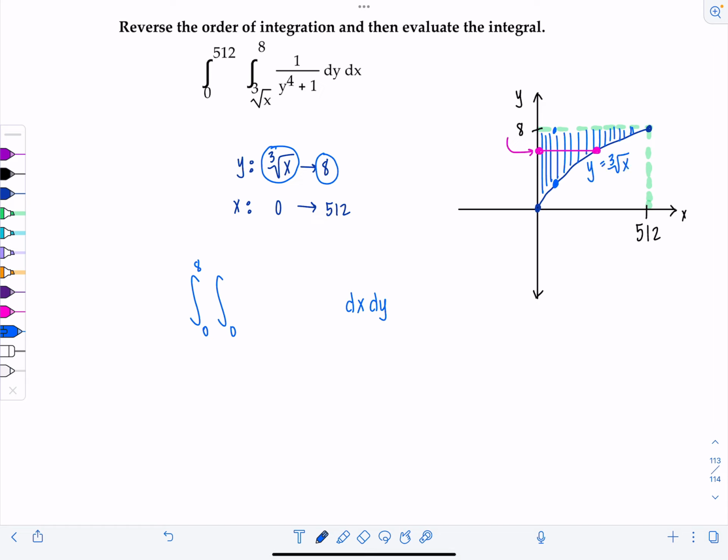Yeah? But I can't put cube root of x right here because that means after integrating, I'd be left with x's, and I have to integrate with respect to y. So this needs to be in terms of y. So just rearrange y equals cube root of x. That's the same as x equals y cubed. So that's going to be the limit on the right for x.